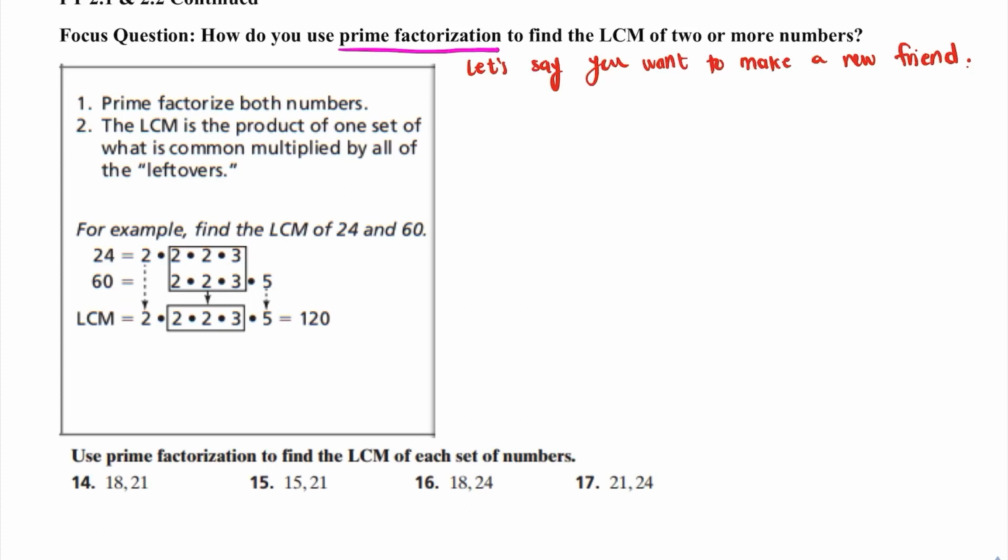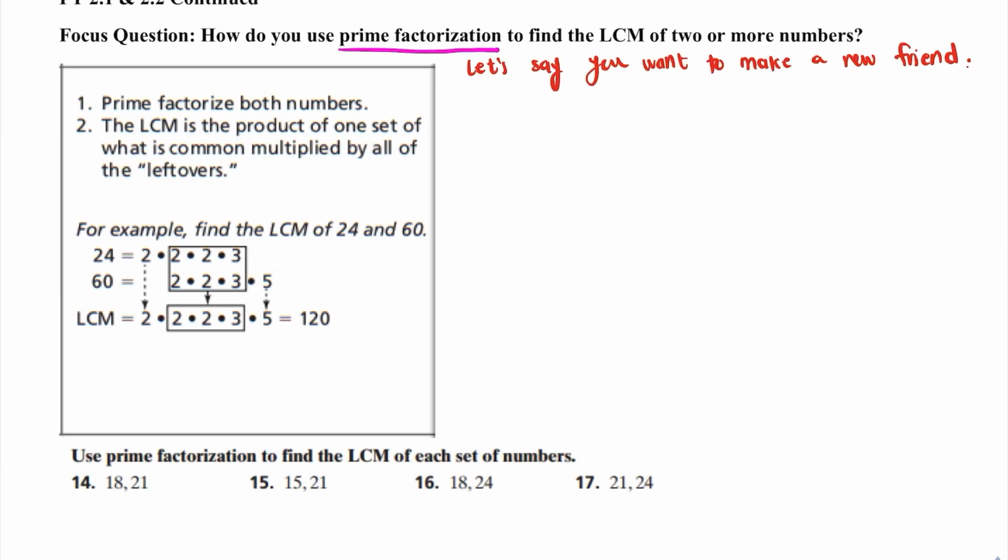Like, oh, hey, I noticed that you have My Hero Academia stickers on your Hydro Flask. I love My Hero Academia. Or, I noticed that you bring your sketchbook to school all the time. Look at my drawing markers that I have. Look at all the colors that I have. Right? You try to find something that you have in common with that new person.